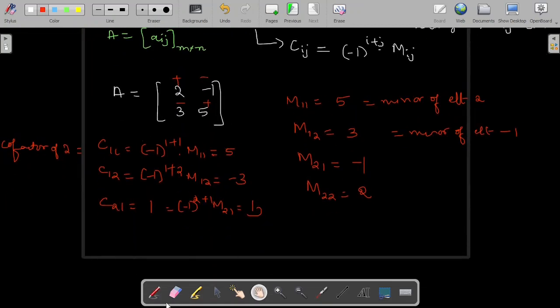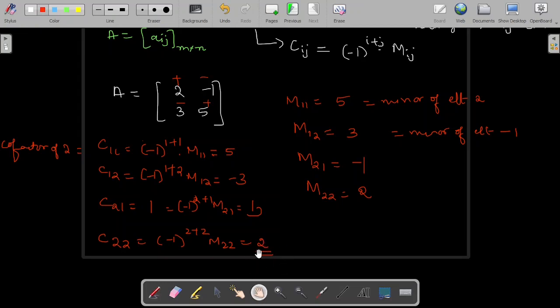The shortcut method is writing the signs, then multiplying the minors by the corresponding signs. C22 equals minus 1 to the power 2 plus 2 into M22. M22 is 2. This is minus 1 to the power 4, which is positive. So the answer is 2. So this is how we find minors and cofactors.